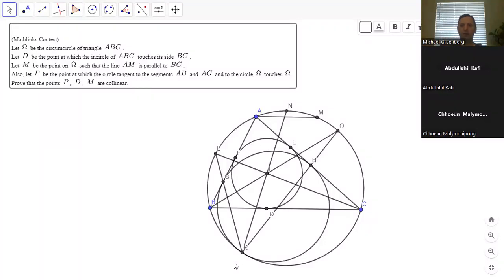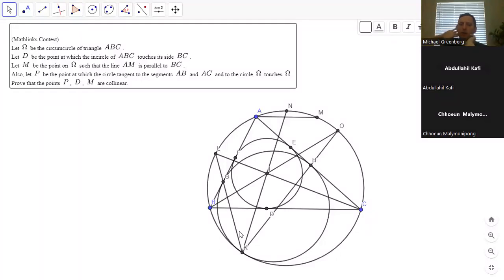Is it obvious? How do we know that ABK is similar to KDC? That is the question.